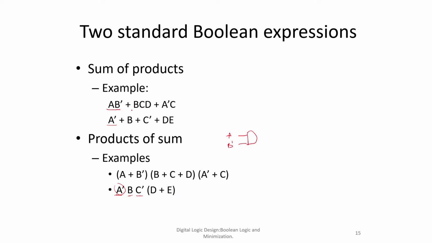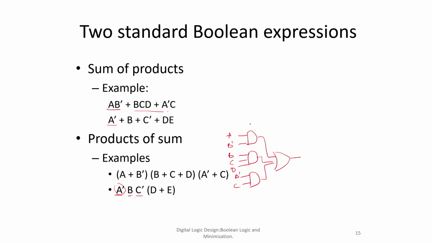Another AND gate where B, C and D are the inputs, another AND gate where A dash and C are the inputs, and there could be an OR gate which gives the output. Similarly, all of these product of sum forms can also be represented using 2-level logic.